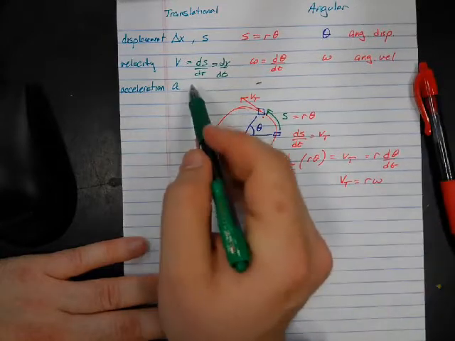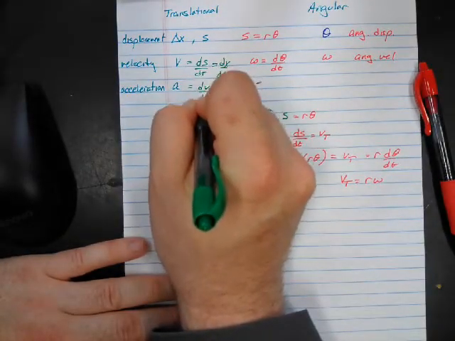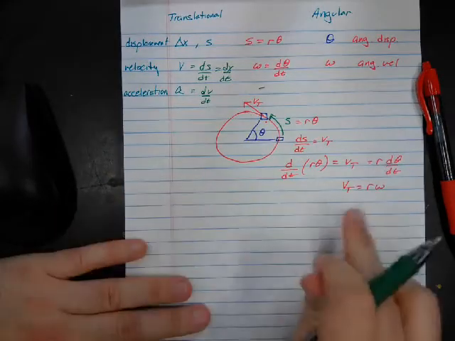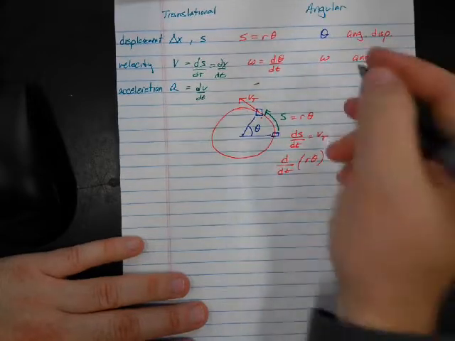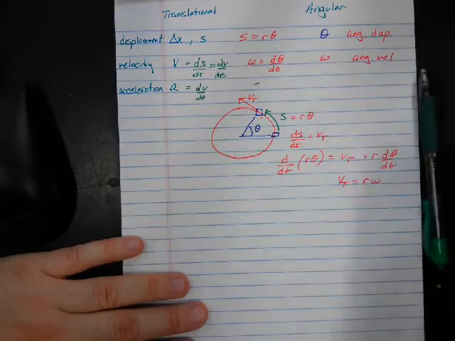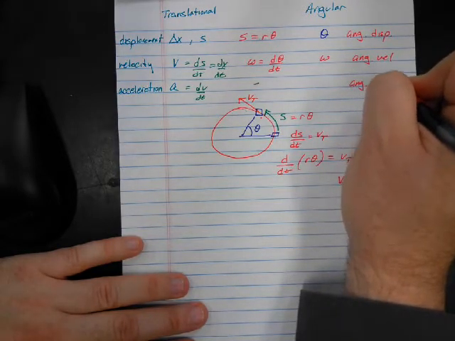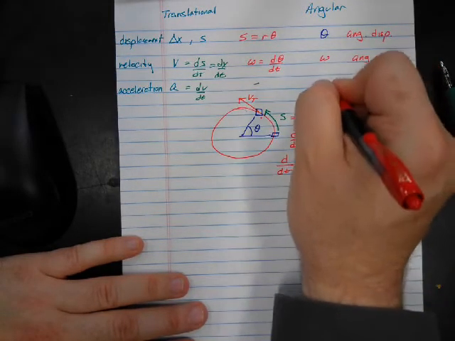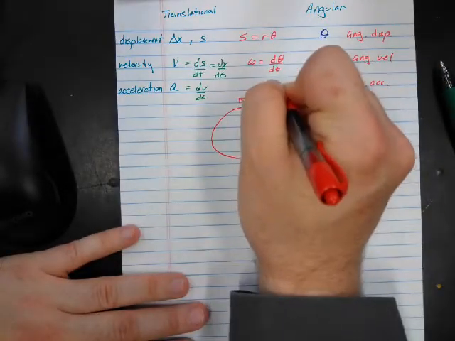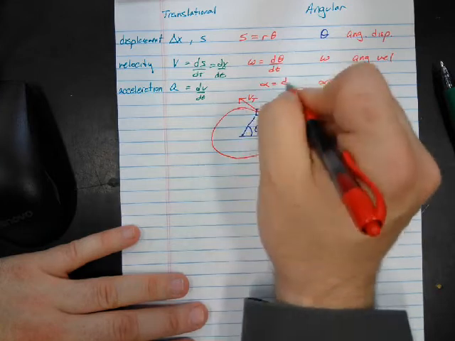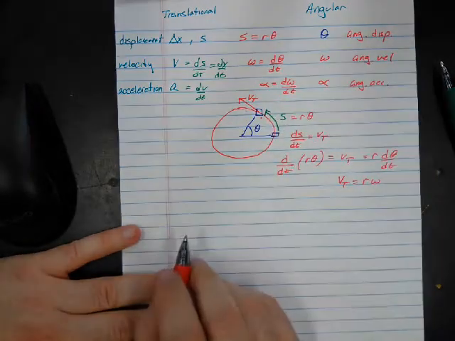Now, we can do the same thing for the acceleration. It's going to be dv dt. We can take a derivative of this thing as well. The thing we're calling angular acceleration is going to be alpha, and it is the rate of change of your angular velocity with respect to time, d omega dt.